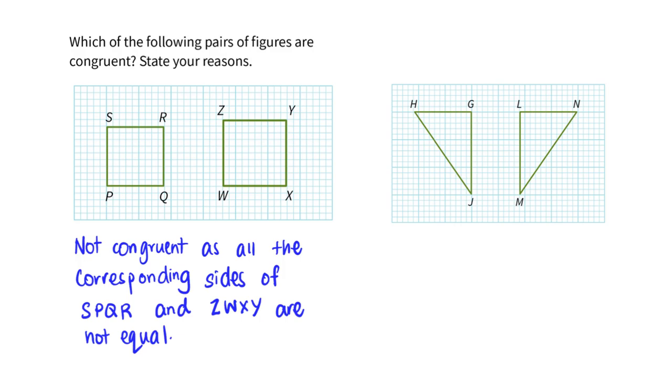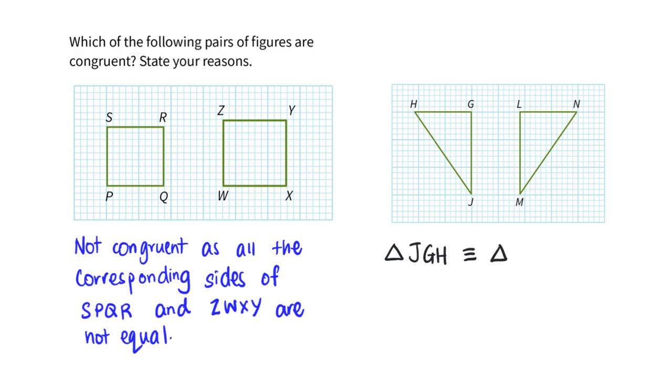For the triangle, congruent? They are, because all the corresponding sides are equal. And therefore triangle JGH is congruent to triangle.